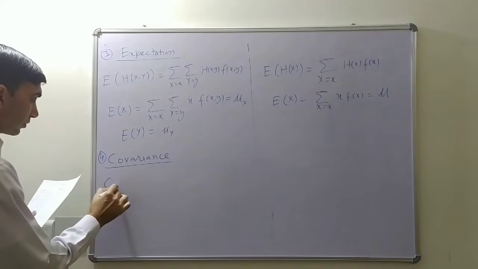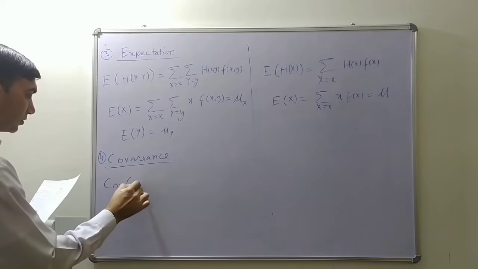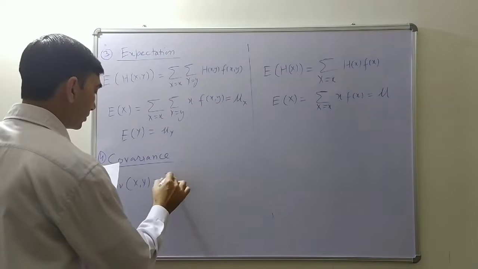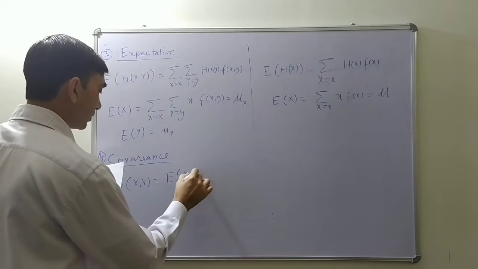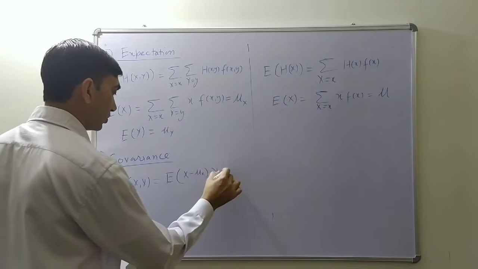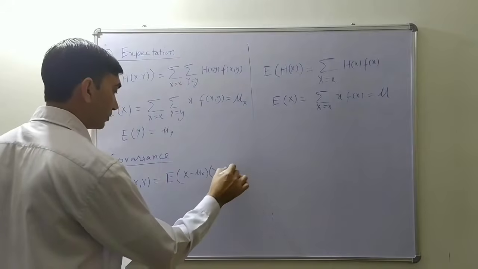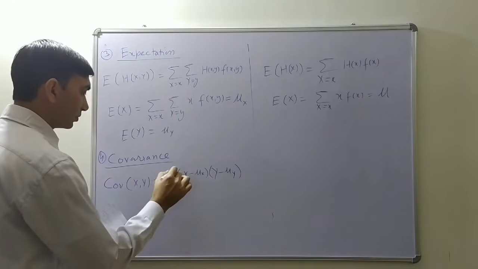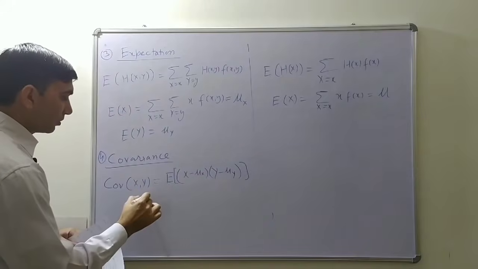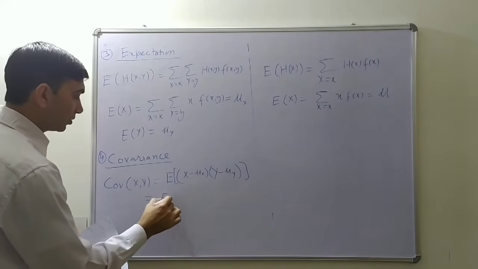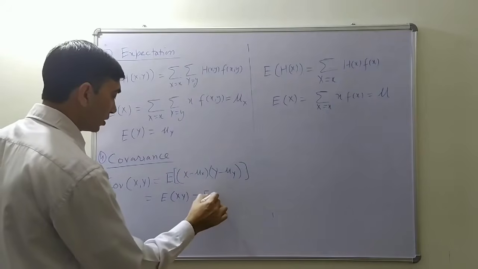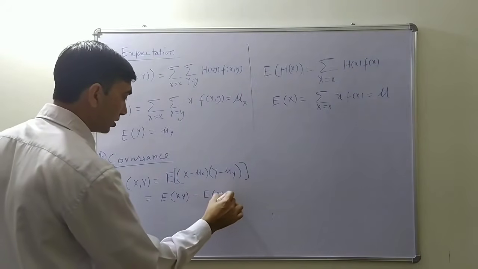Covariance of x and y is defined as expectation of (x minus mu x) into (y minus mu y). If we simplify it further, we get E(xy) minus E(x) into E(y).